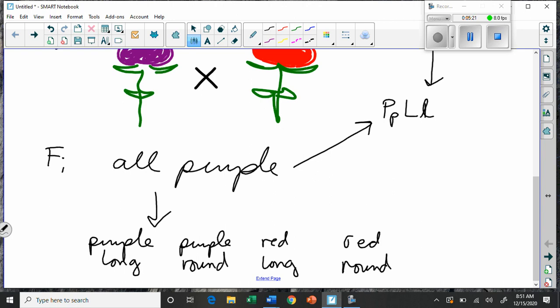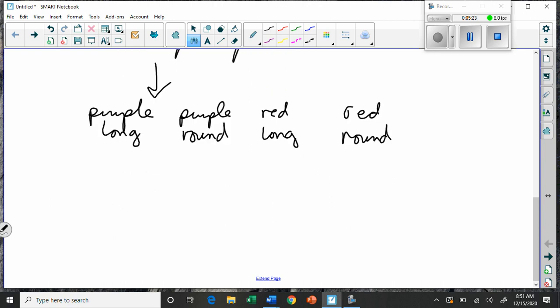But when we do the cross in a Punnett square, we get very specific ratios of what should happen, right? We figured all that out, and we should get 3 out of 16, and we know all the different ratios that are expected. However, what we find is we get 15. Only 6 out of the 15, let me write it the other way. 6 out of 15 have this phenotype.